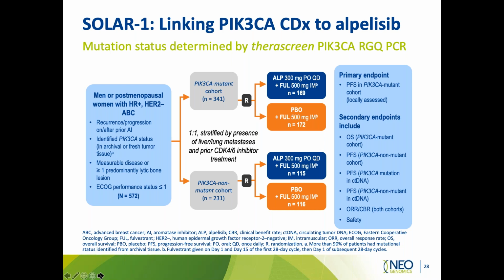They had one important primary endpoint, and that was progression-free survival in the PIK3CA mutant cohort as compared to the placebo group. Secondary endpoints looked at those without the mutation and other various combinations. And of course, safety was investigated as well. I'll show the results on the next slide.